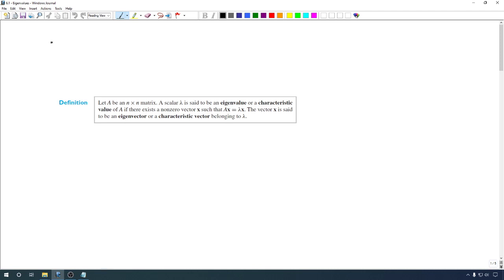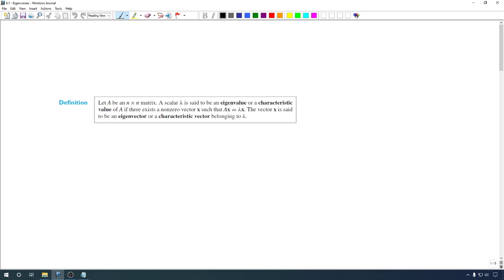Well, the idea is, remember, a matrix can be thought of as a linear transformation, or you can think of it as a function that takes vectors and gives you new vectors. And if we start with a square matrix, then the vector that we start with and the vector that we end up with have the same size. They're in the same Rn. So it's natural to think, well, what if we get the same vector back that we put into it?